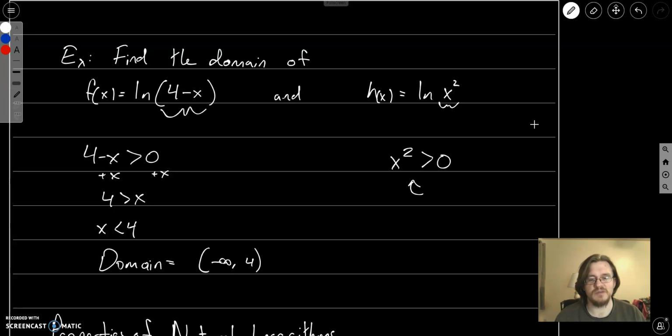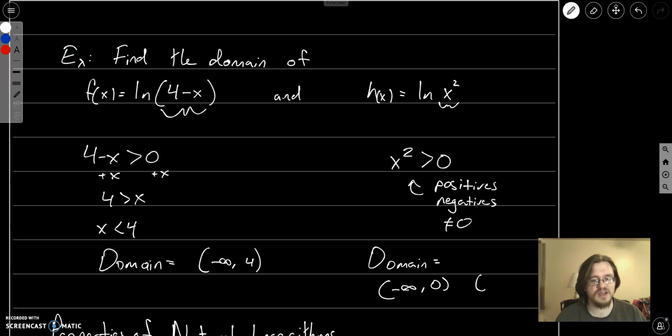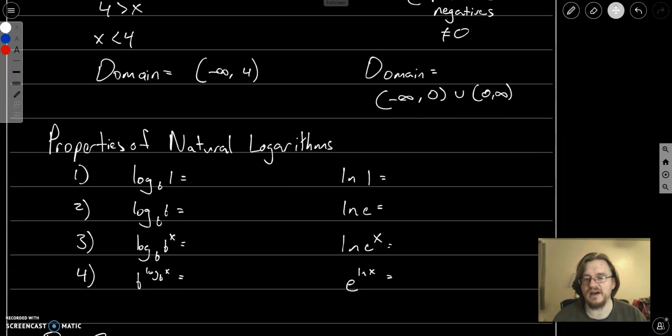So we can plug in all positive numbers, we can plug in all negative numbers, but we can't plug in 0. So the domain of this function is going to be all the numbers from negative infinity up to 0, all the negative numbers, and all the positive numbers, and we'll stick them together with a union. So there you go, a couple of examples of natural log.